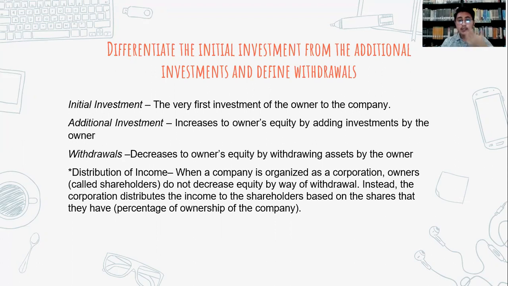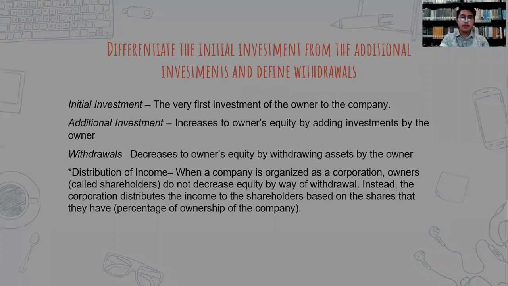So when it comes to corporation, paano nag-distribute ng income, depende din po sa percentage ng pera na nilagay niya sa isang kumpanya. For example, you have 10% of the share. Ibig sabihin, 10% of the investment ay mapupunta sa iyo. So ganun po yung distribution of income dito sa corporation.